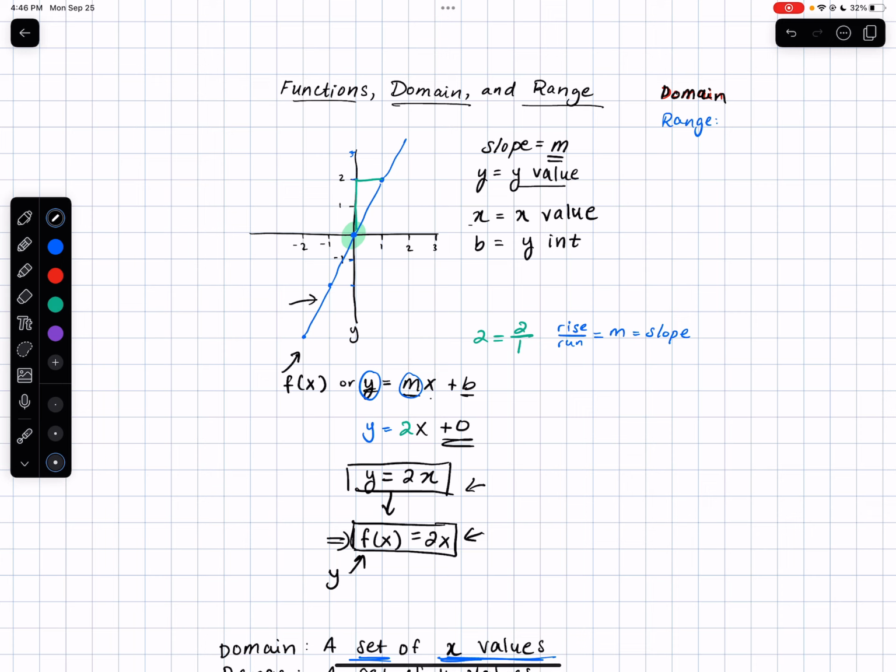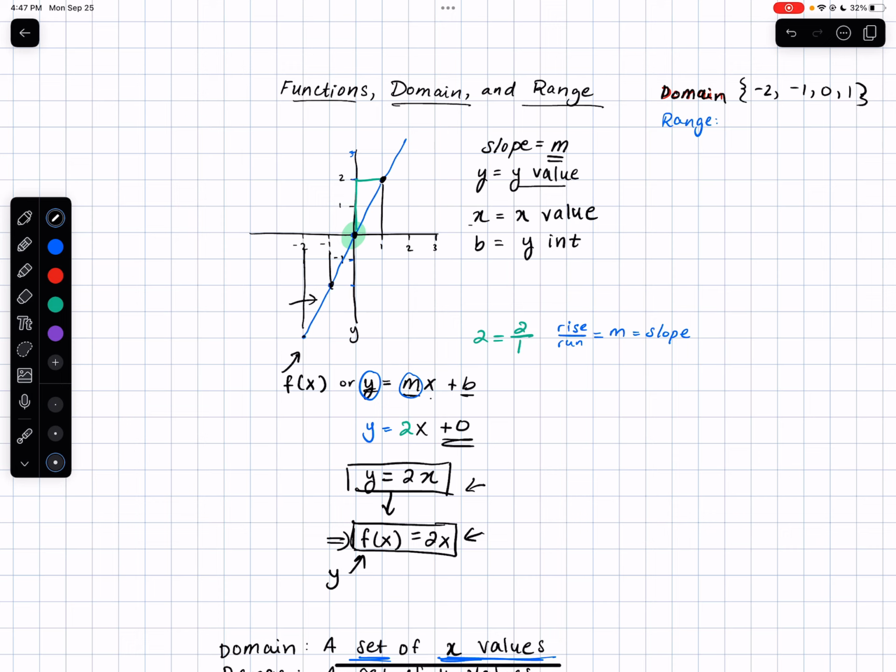So we have a point at -2, a point at -1, a point here at 0, a point here at 1. So we're looking at all of the x values. So our set would be -2, comma, -1, comma, 0, comma, 1.